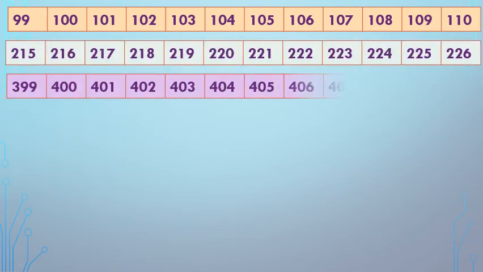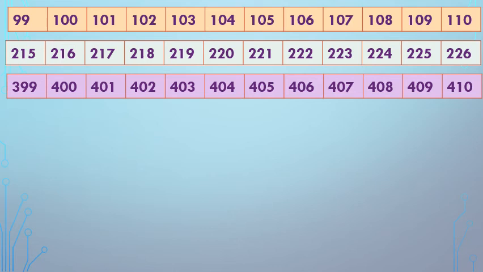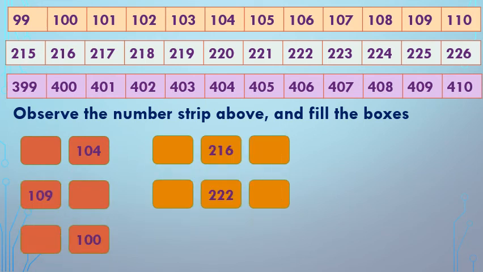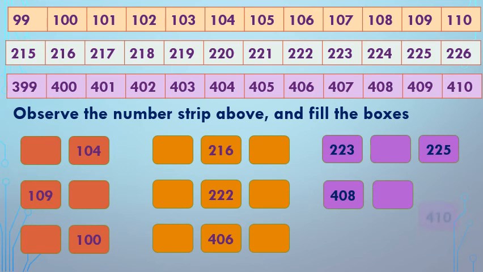Yes, students, see this is the last one. Now 3 strips are given. Observe the number strip above and fill the boxes. See here, boxes are given. Go to the first one. Here the first box is empty and in the second box 104 is written.